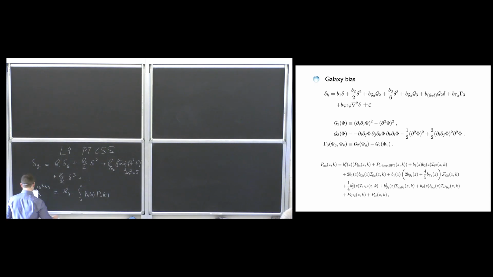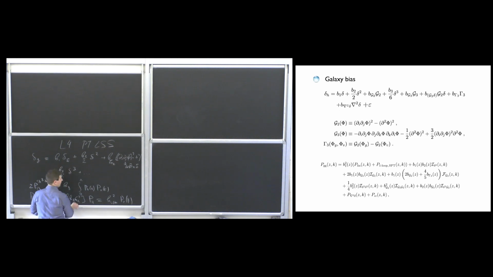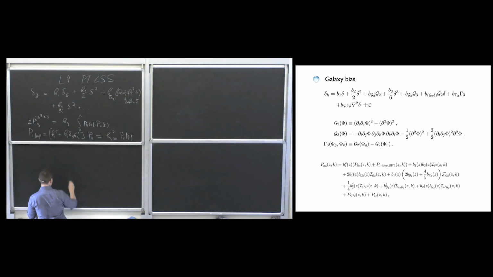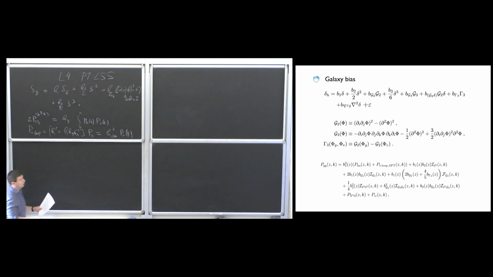So the total functional form produced by this correction will look like this: B1 renormalized squared times P11 of K.